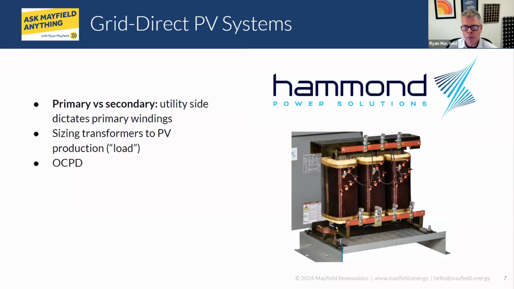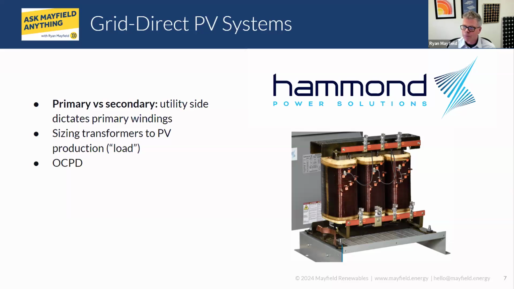This is also a topic we talk about in our code class around PV systems, so I can give much more information on that. Overcurrent protection really is a requirement in the NEC on both the primary and secondary side for these applications, and having those disconnecting means as well. So definitely a topic in and of itself that we could dive into further in a different session.